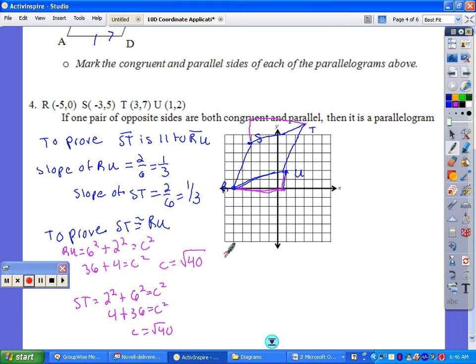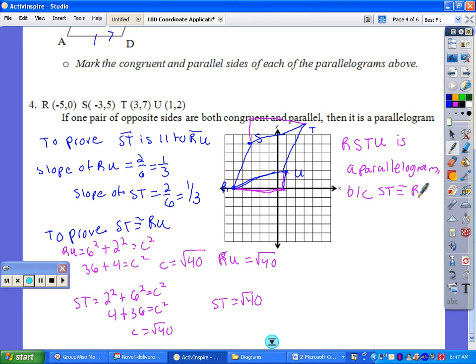So we know that RU equals the square root of 40, and ST equals the square root of 40. So therefore, RSTU is a parallelogram because ST is congruent to RU and ST is parallel to RU.